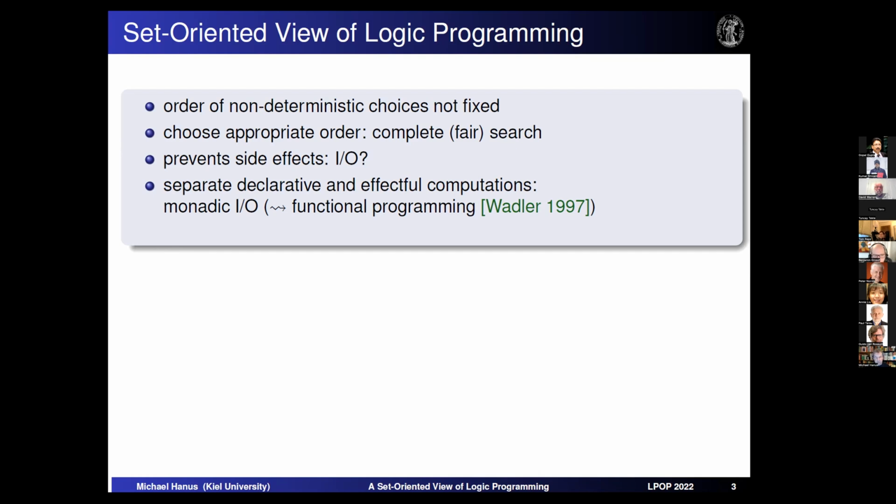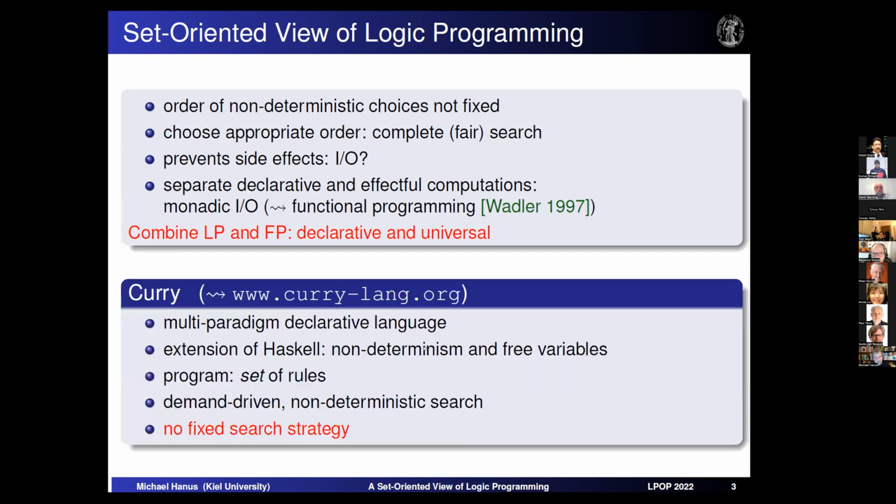I do not want to go into details about this, but this means for the effectful computation, we can specify a particular order, and the rest of the computation can be done in any order. And therefore, I think the solution to close this gap is to combine logic and functional programming ideas. So this gives us a declarative and universal programming language.